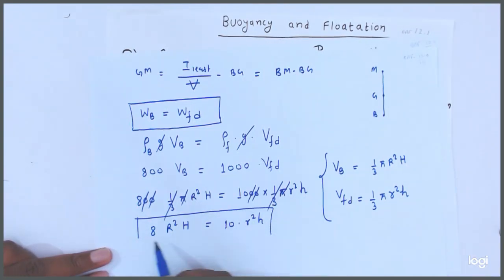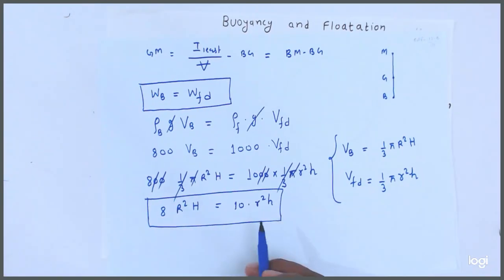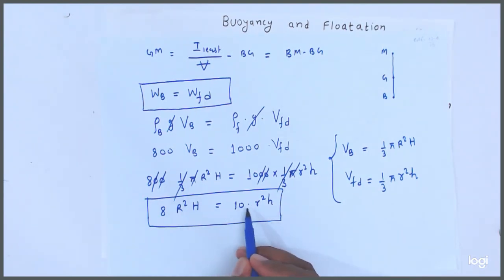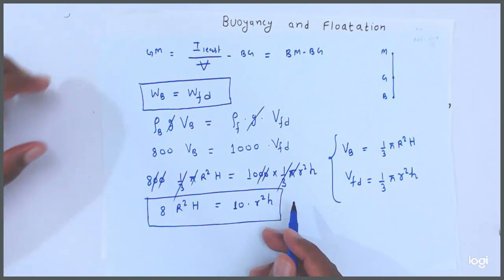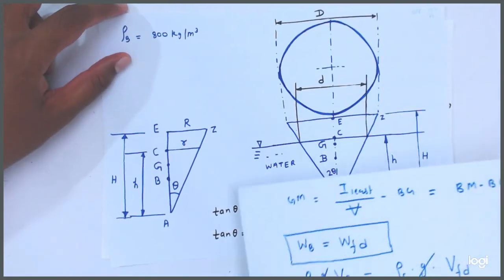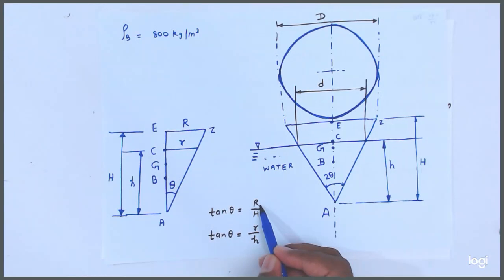Okay friends, now here capital R and capital H are there, and small r and small h are there. Now what is the relation? Initially we found, from here you see friends, in this triangle we already calculated tan theta equal to capital R by H, and here tan theta is equal to small r by small h.